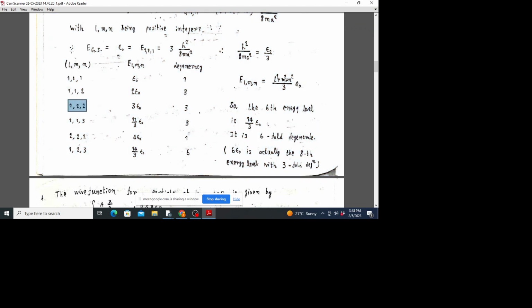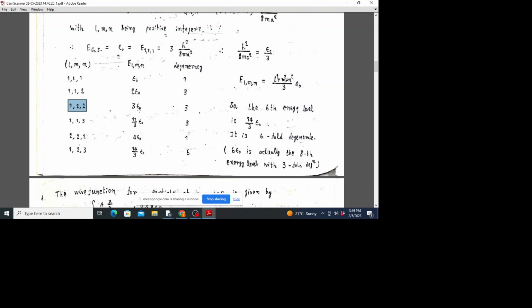One is 122, which I have written. Another one will be 212, and the last one will be 221. So three representations, and all of them have the same energy eigenvalue 3 epsilon naught.